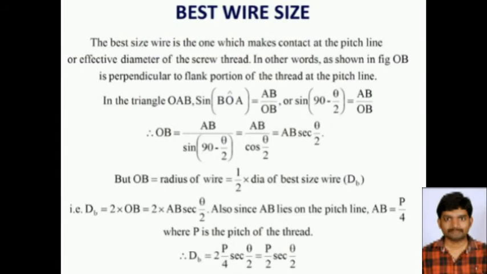Then dB, the best size wire, can be calculated, and then we have to see what set of wires is available, and select the wire that is almost equal to the calculated best size wire.